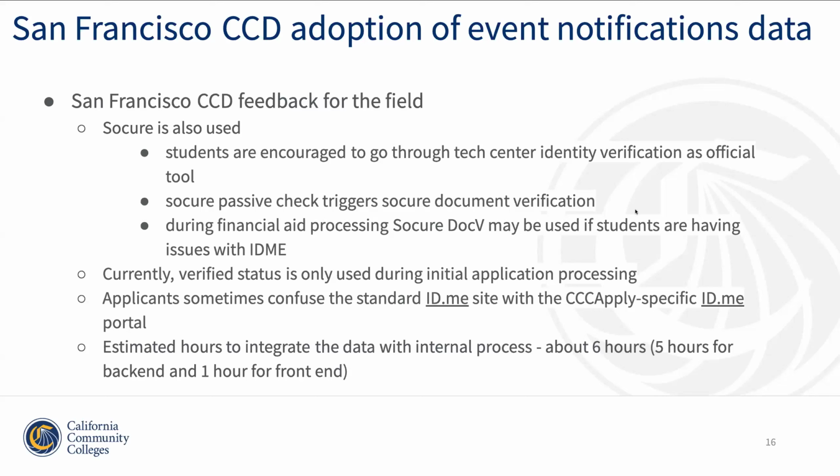And San Francisco also provided some time estimates for how much this data integration tends to consume for them. If you have any specific questions with this particular, I would be more than happy to help relay those to San Francisco. But that's about all that we have for San Francisco at this time.